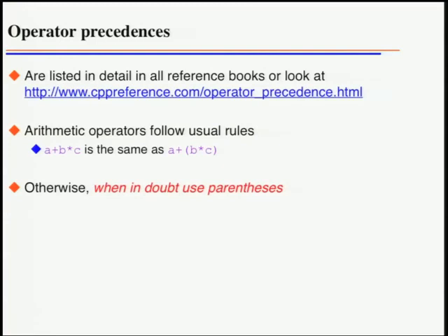So this expression is equivalent to parentheses around the multiplication and then doing the addition. So you can look all that up. But if you're in doubt, then better use parentheses, because chances are high that if you look at your code a month later on, you will not remember what you looked up and you have to check again.